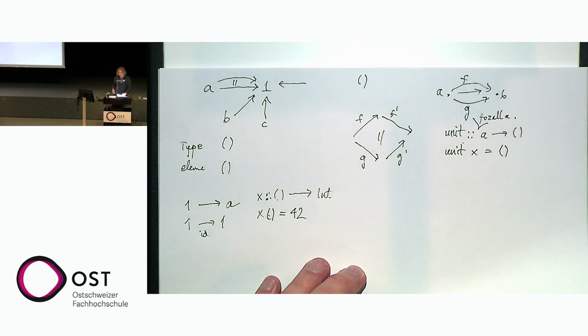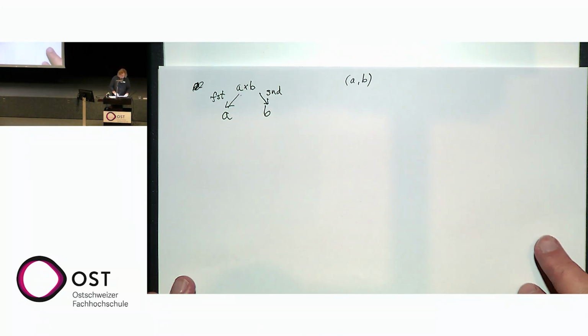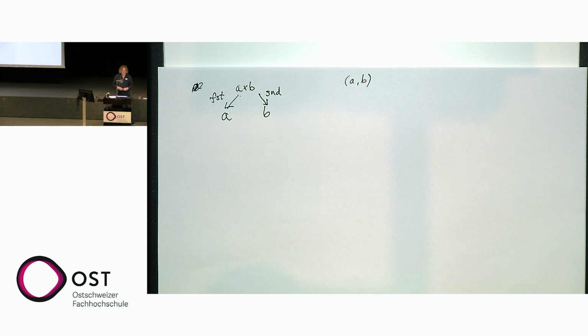So can we use the same kind of reasoning to describe products? Remember, we defined the terminal object or the unit type with respect to all other types in the category, all these Platonic types that we know exist in the category.